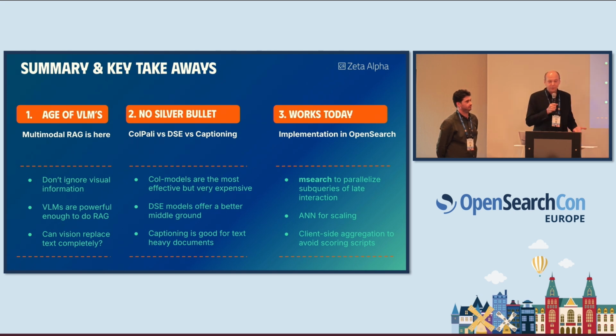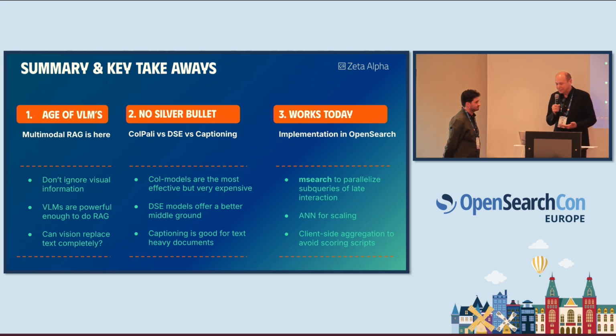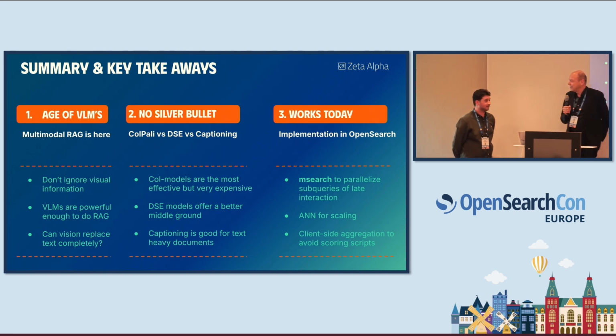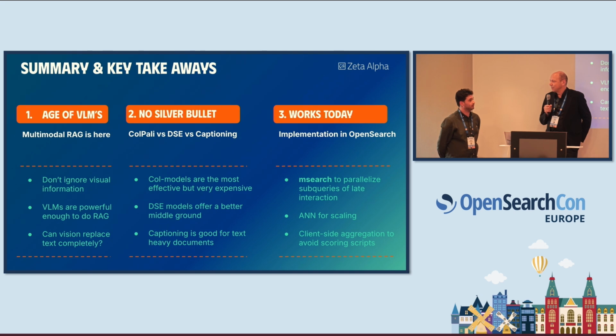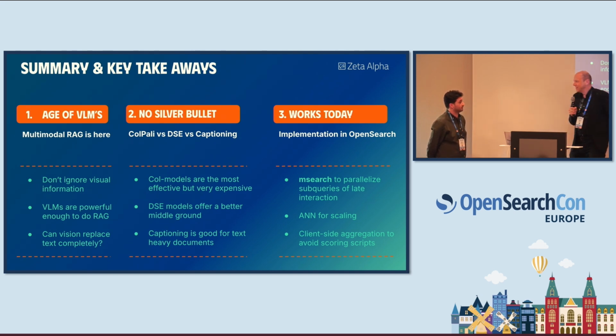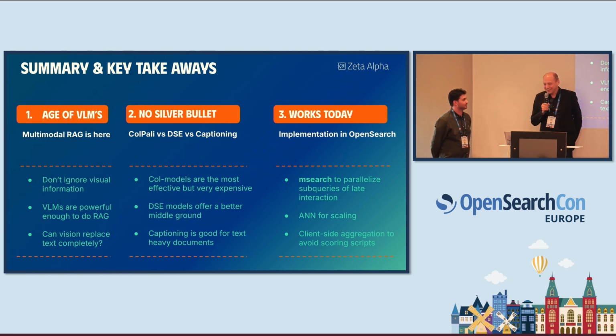VLMs are actually today powerful enough to add value to RAG systems. Yeah, Batu, you did a lot of experiments, so would you say that vision can replace text completely? Not yet, but might be possible in the near future. What is the near future? I would say within maybe 2 years. Maybe too ambitious, 3, 4, something like that.